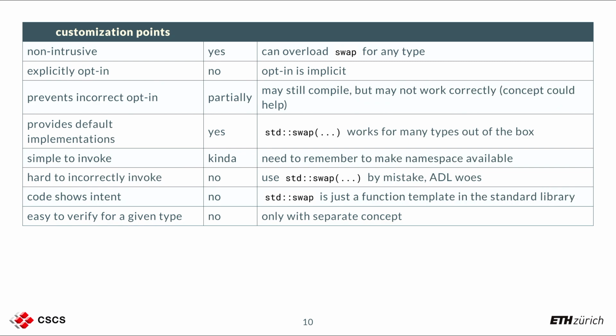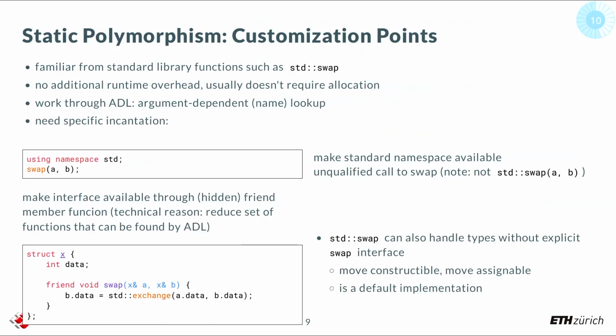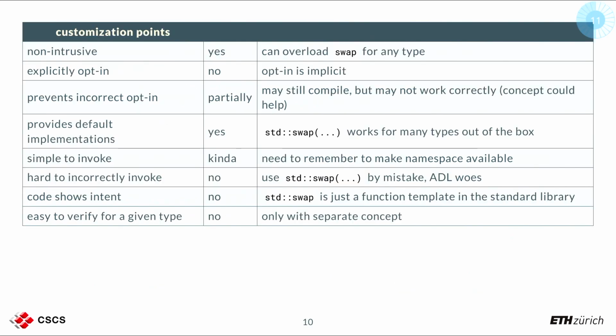And on top of it, it's also not quite clear. If we knew nothing about the swap mechanism in the standard library, it's not quite clear that this interface, or this way of writing things, is a customization of something.